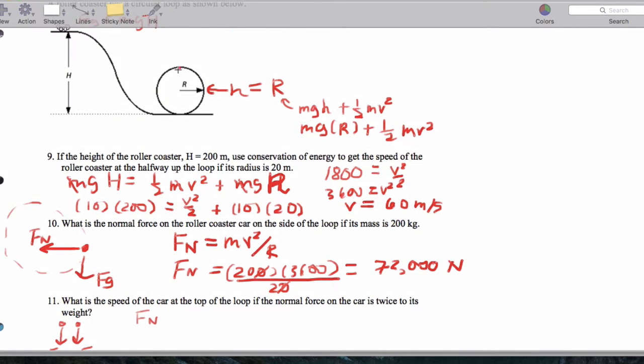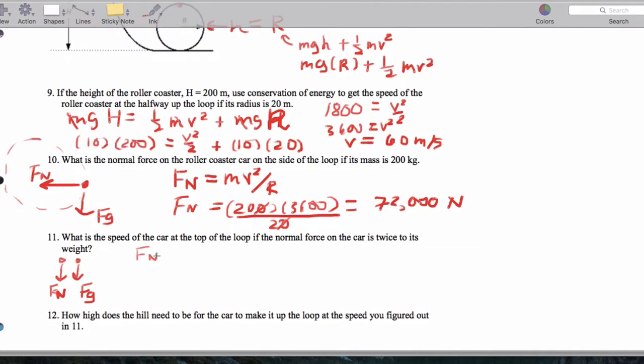For number 11, we're right here. Okay. So Fn plus Fg, and the effect is that we move in a circle. So Fn is 2mg, so we have 2mg plus mg equals mv squared divided by r.